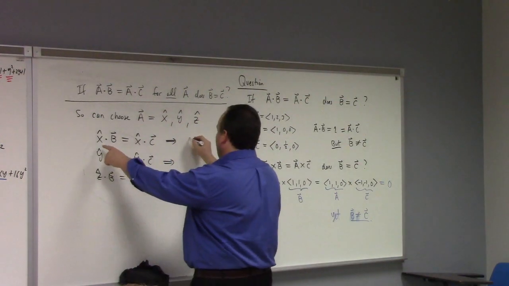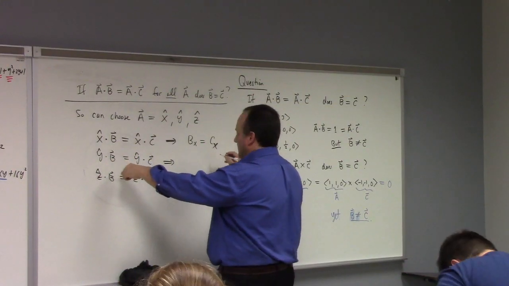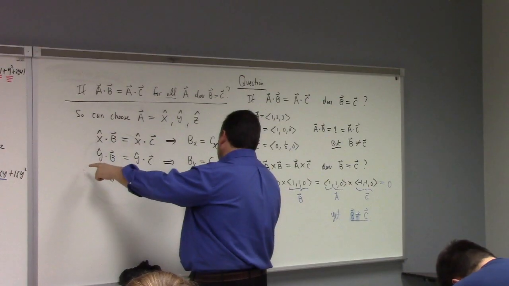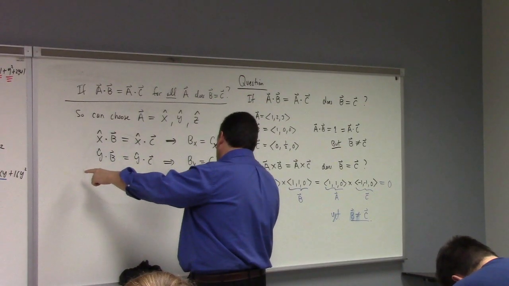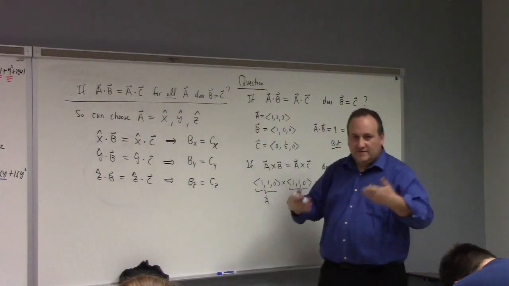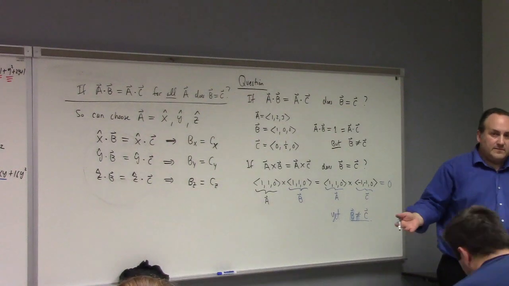This tells us that the x component of B is equal to the x component of C, and the y component of B is equal to the y component of C, and the z component of B is equal to the z component of C, which is to say that B and C have the same x, y, and z components, so they're equal, right?